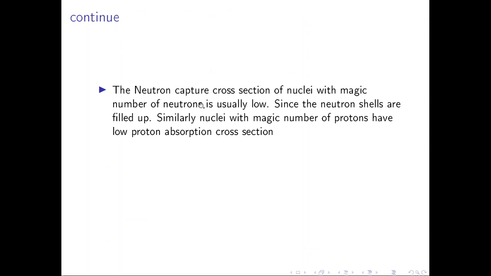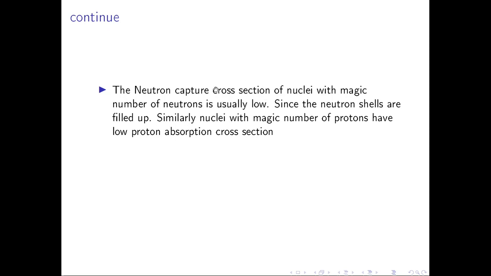The neutron capture cross section of nuclei with magic numbers of neutrons is usually low. Capture cross section means, when neutrons are incident on a nucleus, the probability of the neutron being captured by the nucleus is given by the cross section. So what is a cross section?